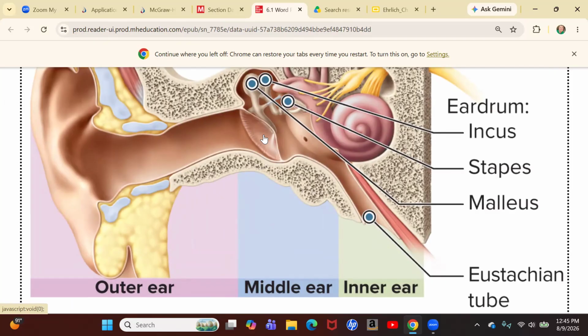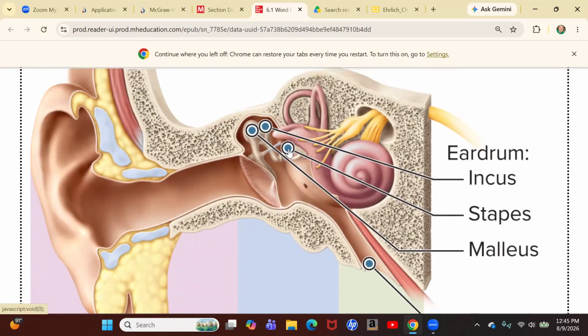So you have your malleus, your incus, and your stapes, your hammer, your anvil, and your stirrup. But the correct medical terms, your malleus, your incus, and your stapes, those bones are going to vibrate, then carry that vibration into the inner ear.